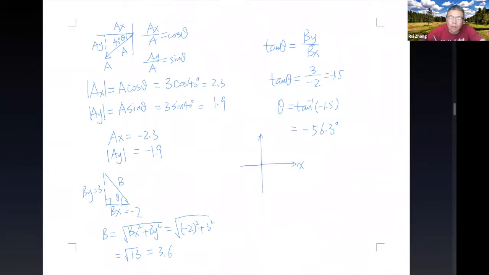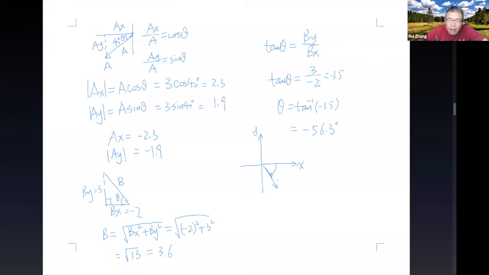When you talk about angles in the coordinate system, starting from the positive x direction, when the angle goes counterclockwise, it is positive. When the angle goes clockwise, it's negative. So negative 56.3 means that the angle is actually going like this.